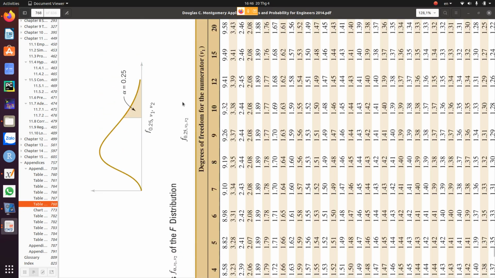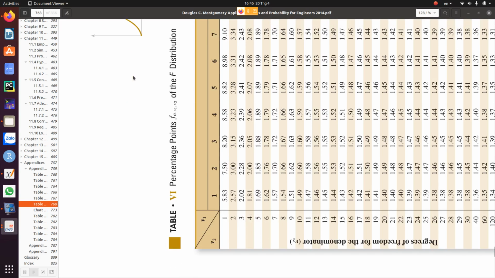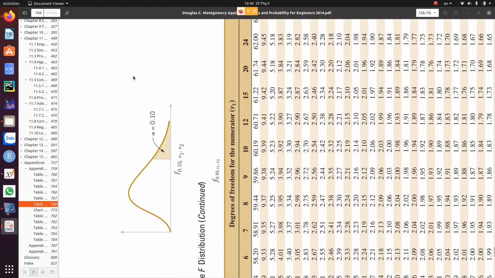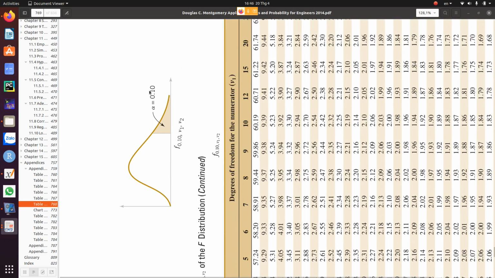But look at the graph. We can see that the density function indicates the upper quantile for alpha equal to 0.25. No, it's not our case. We need alpha equal to 0.05. So scroll down, looking for the Fisher distribution table at alpha equal to 0.05. Here alpha equals 0.01.